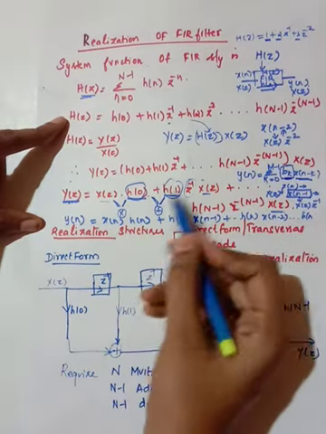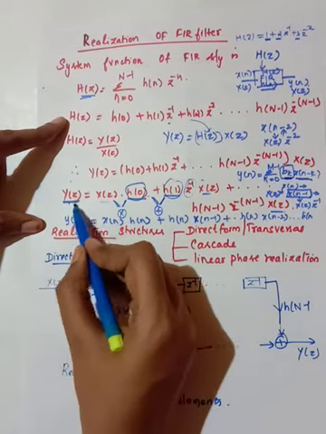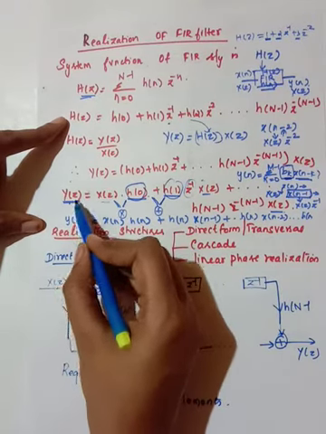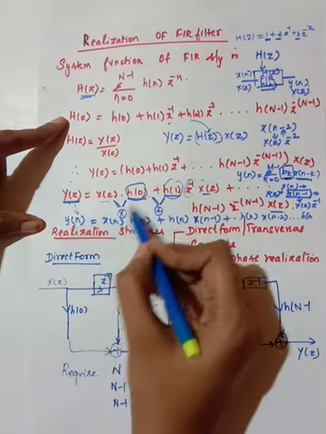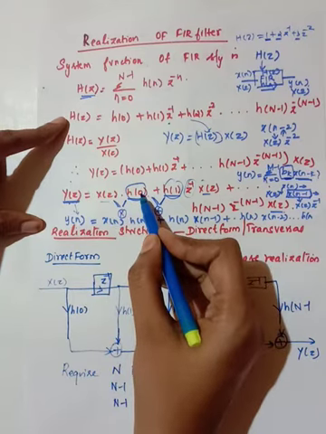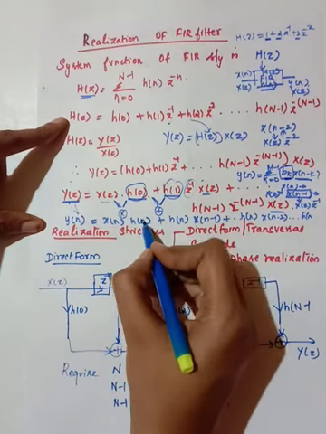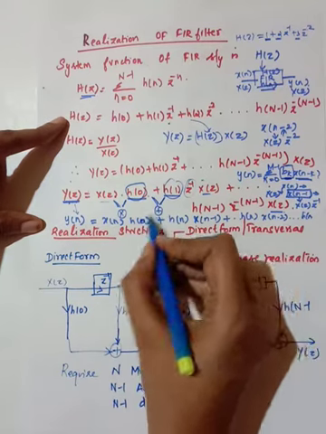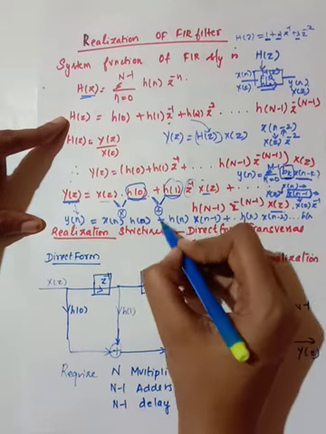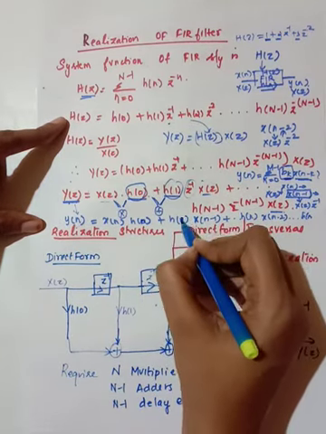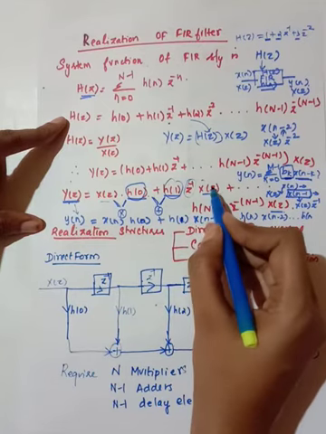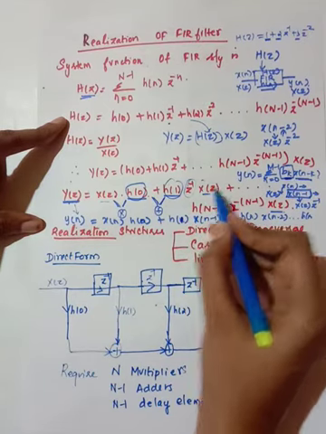In the same manner, if we take the inverse transform, y of n will be h of 0, which is nothing but b0, times x of n, plus h of 1 times z inverse into X of z.